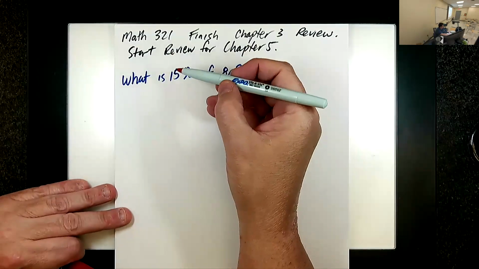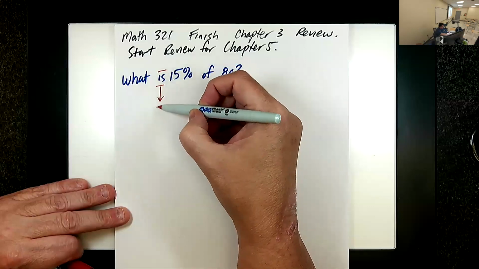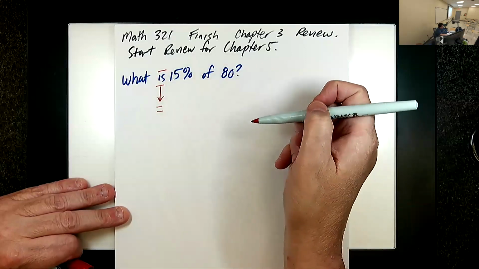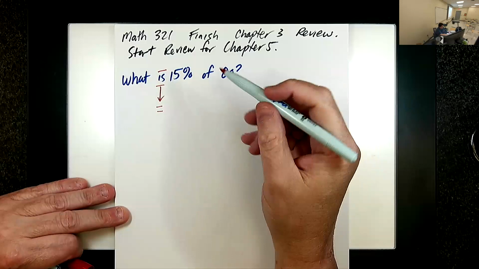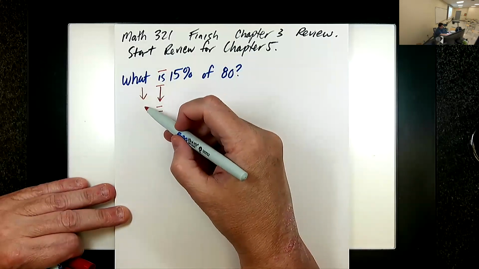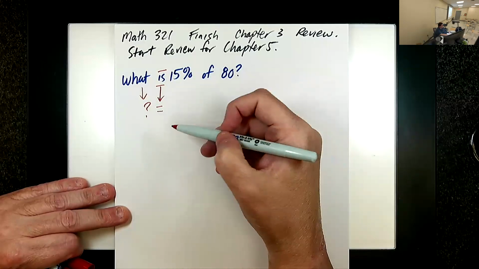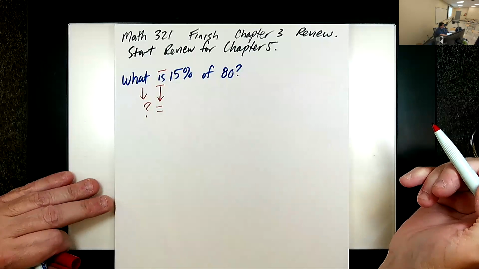When we were talking about yesterday, is usually an equal sign. So that's my equal sign here. What is some unknown? It's a question mark. We can use question mark if we want. Question mark's a valid variable.